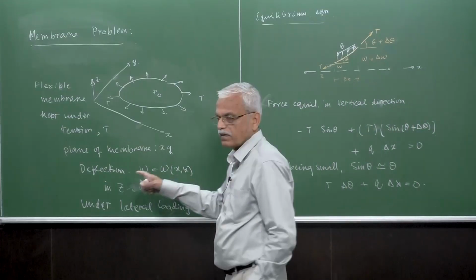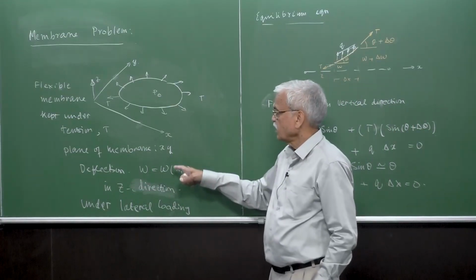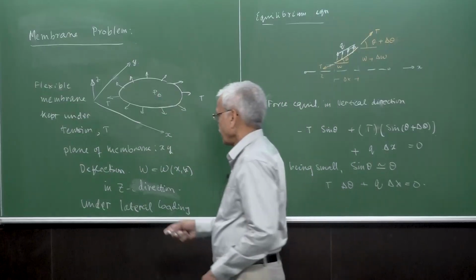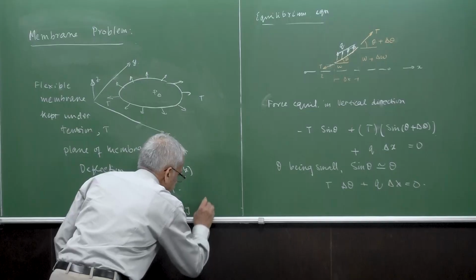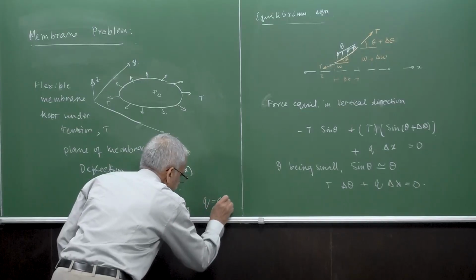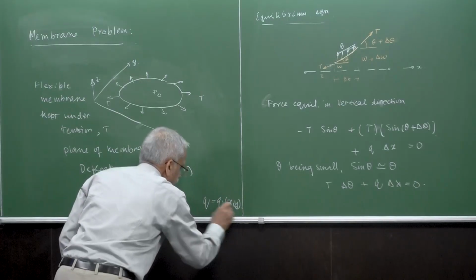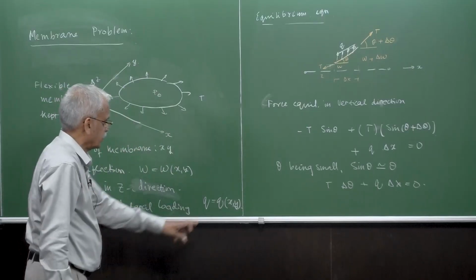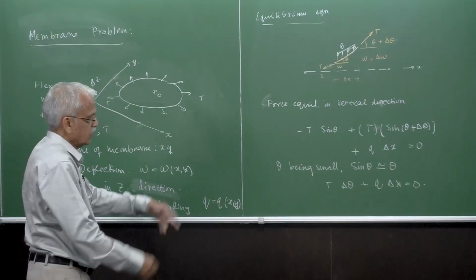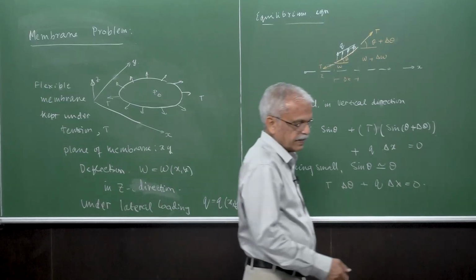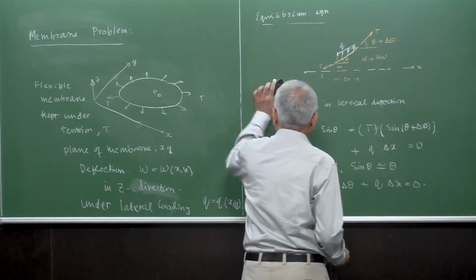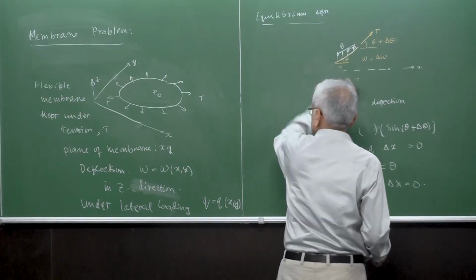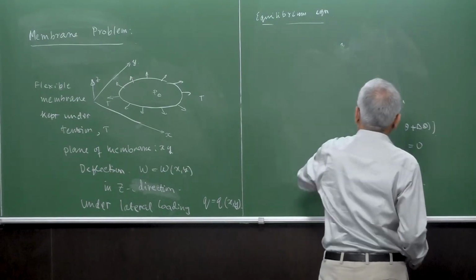But for the moment, for the steady state application, under the lateral load, let us say, following the same thing, Q, which is a function of x, y. So it is just an additional variable y that's being written here in addition to x.